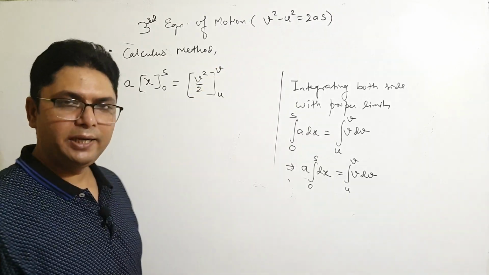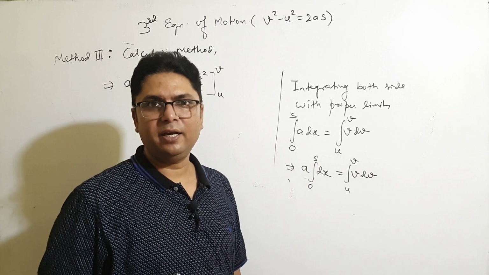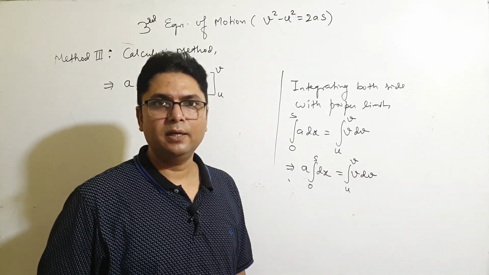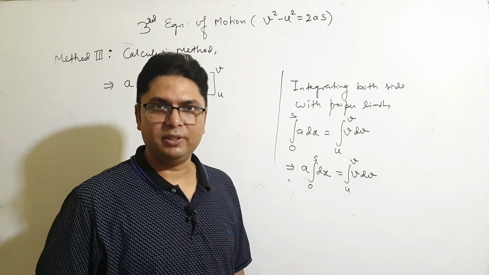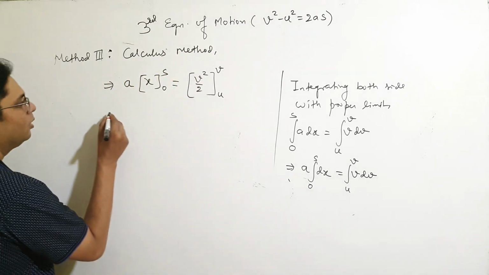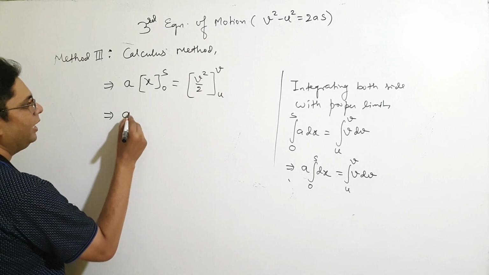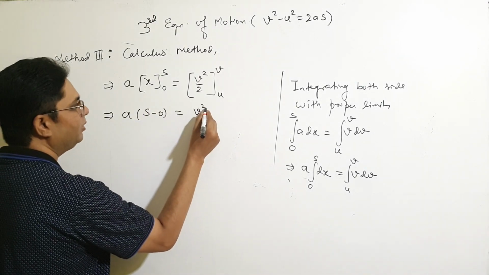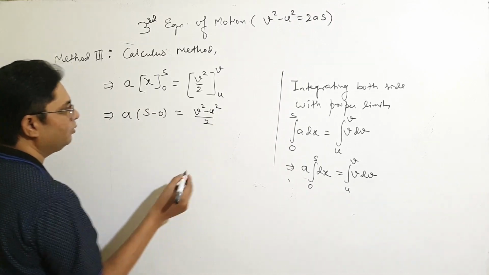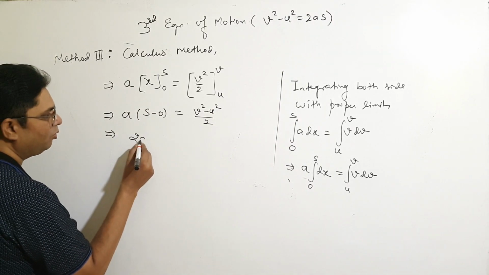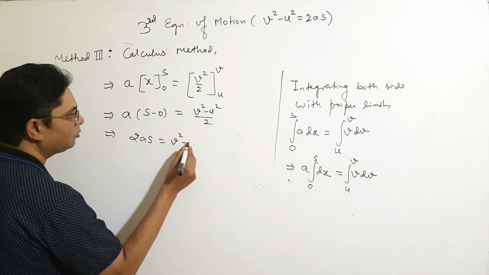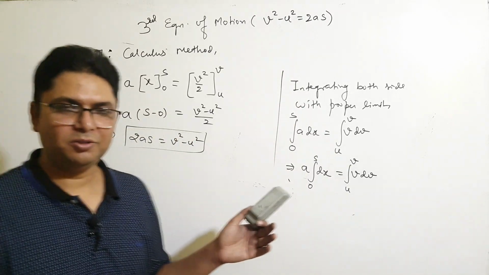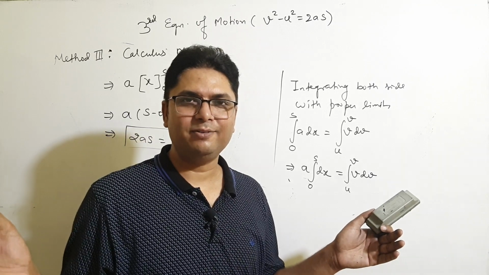For more detail on integration and differentiation, must watch my video Basic Calculus used in Physics. So here you have a(s minus 0), here you have (v square minus u square) by 2. So again you have 2as is equals to v square minus u square. Thus we get the third equation of motion using calculus.